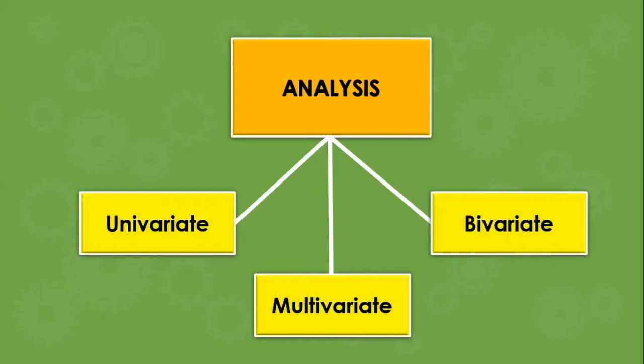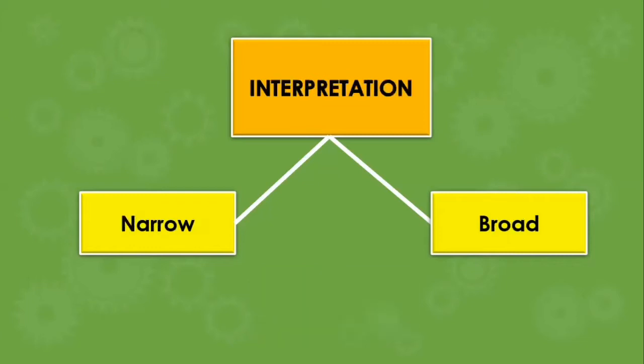The techniques are especially valuable when working with correlated variables. In interpretation of results, it can either be a narrow or broad interpretation. Narrow interpretation is brief and concise, while broad interpretation is long and detailed.